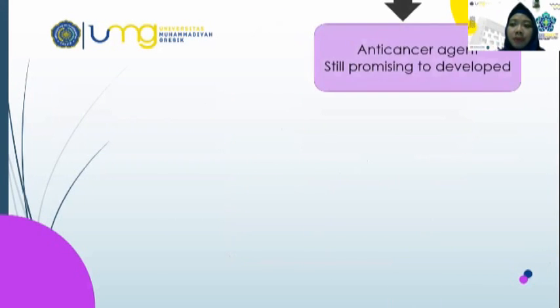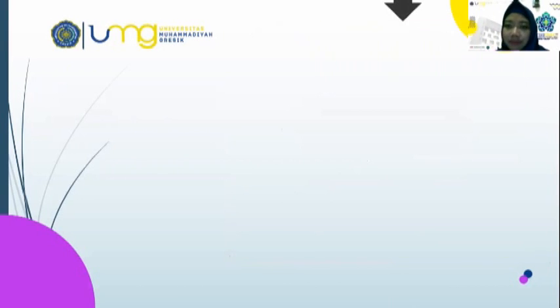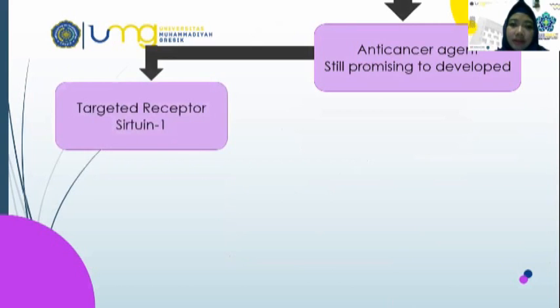we will use to develop an anti-cancer agent, because anti-cancer agents are still promising and we don't have a drug that will cure cancer, because cancer is still growing for the research. Then for the development of an anti-cancer agent, we must determine the targeted receptor.